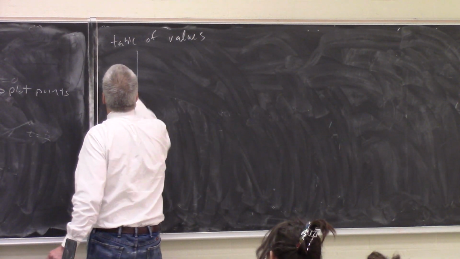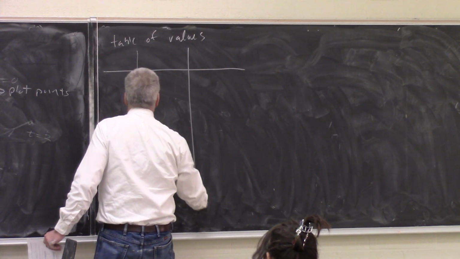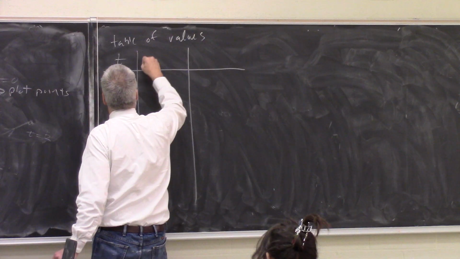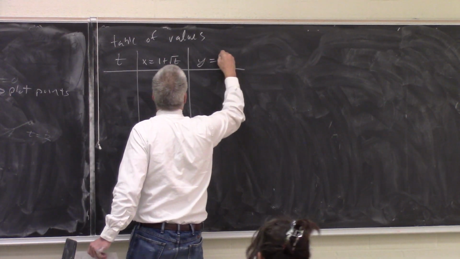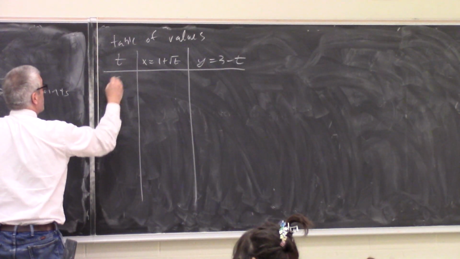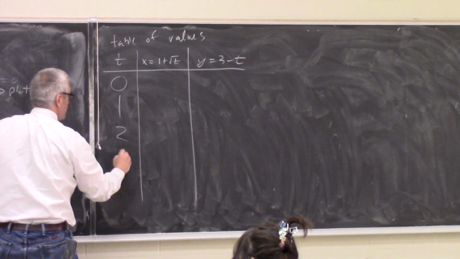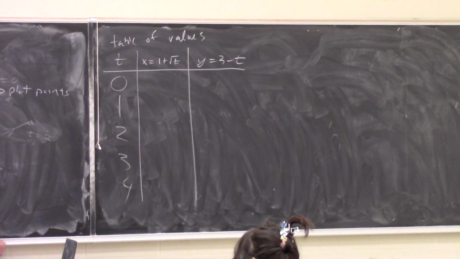So let's make columns for t, x, which is 1 plus square root of t, and y, which is 3 minus t. And let's make a bunch of values: t equals 0, 1, 2, 3, 4, and so forth. This is the usual stuff.